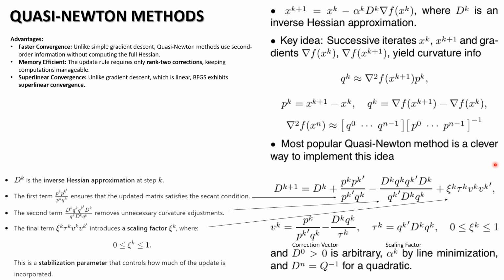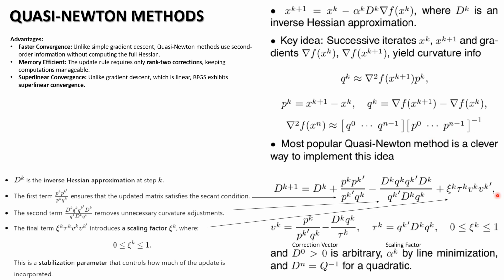So the Hessian is approximated here in terms of the vectors q and p. This relationship captures how the gradient changes in response to a step pk, allowing us to approximate second-order curvature information.